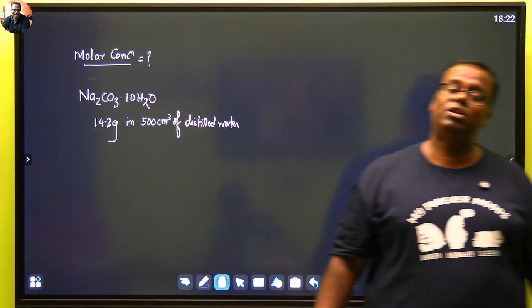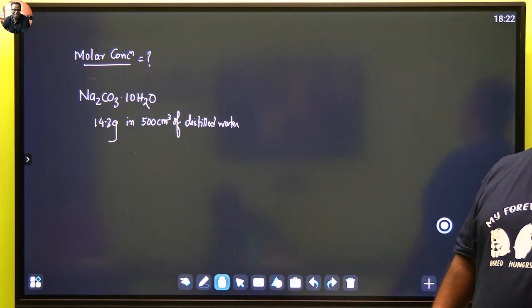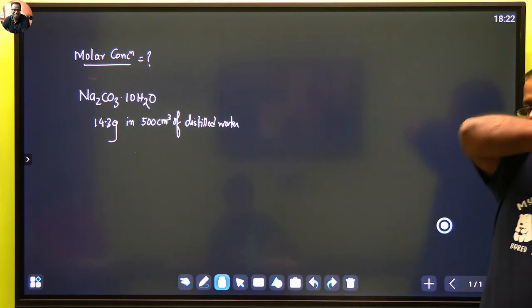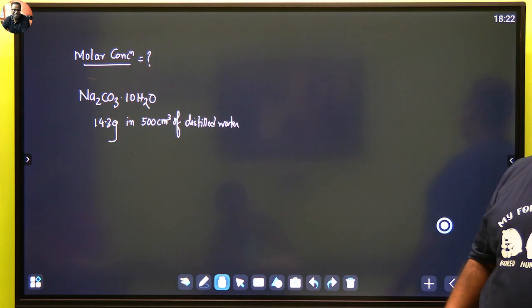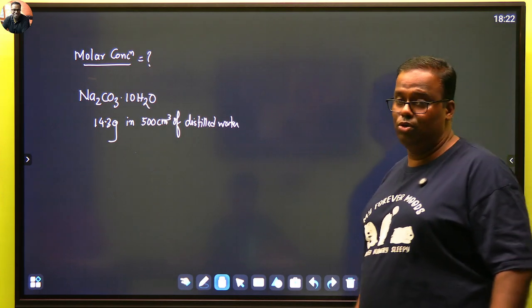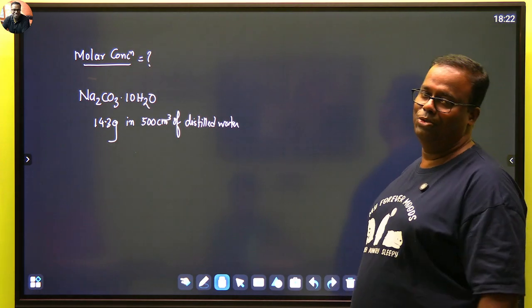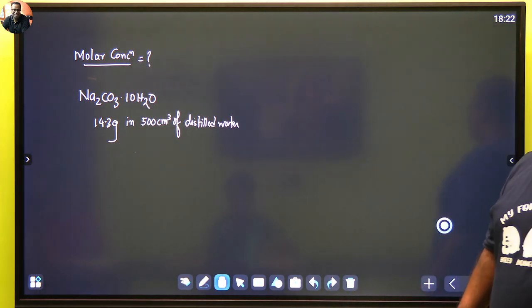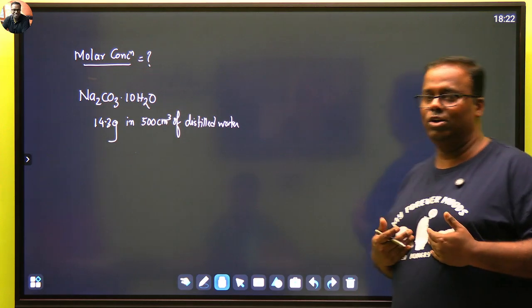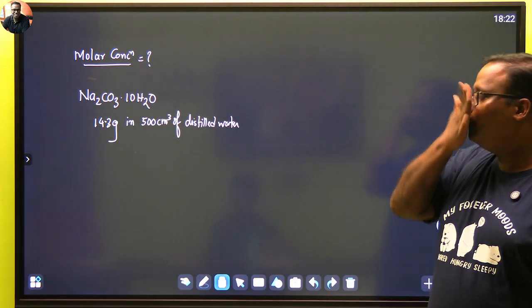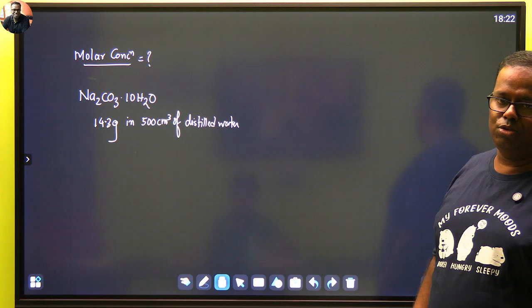How much will you take as the volume of solution now? A solution is solute and solvent together making up the volume. According to me, don't you think the 10H2O should also contribute some volume?